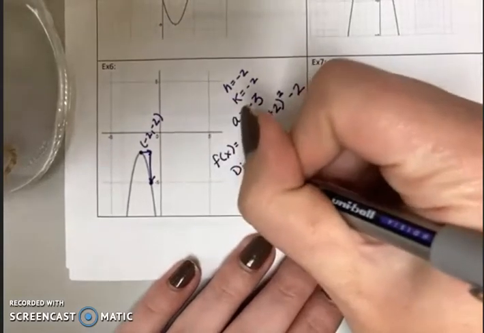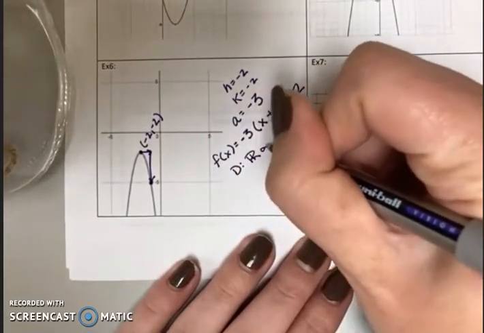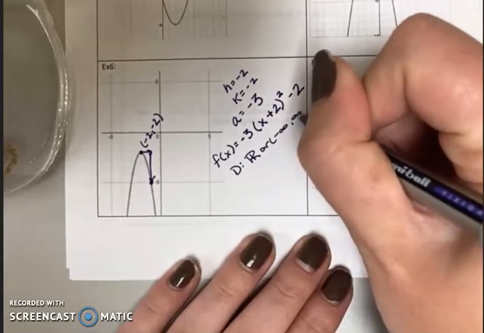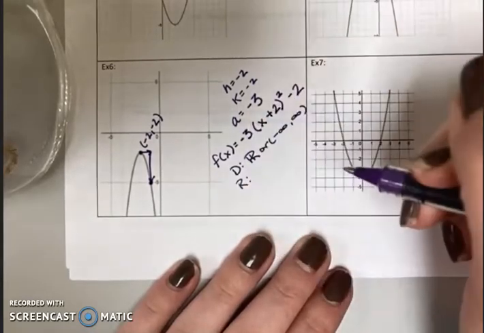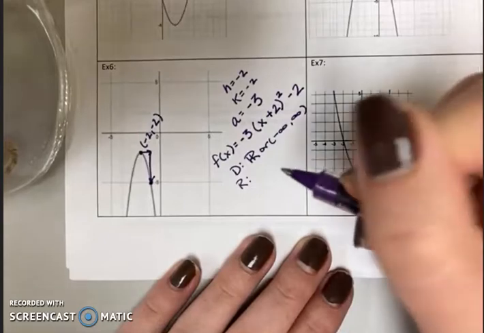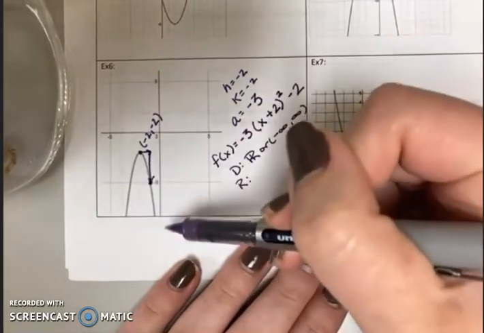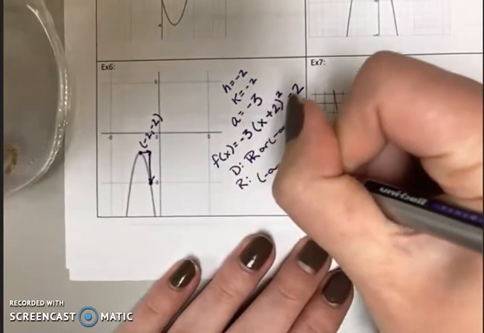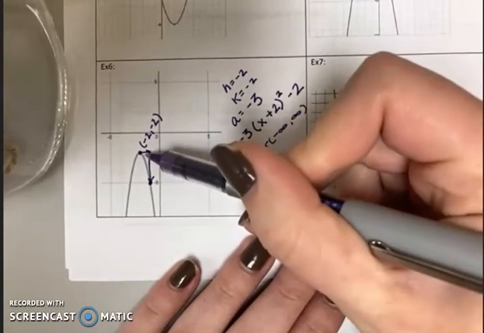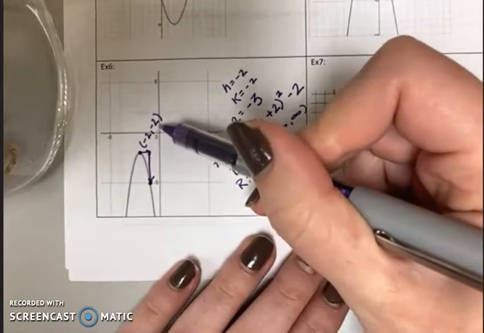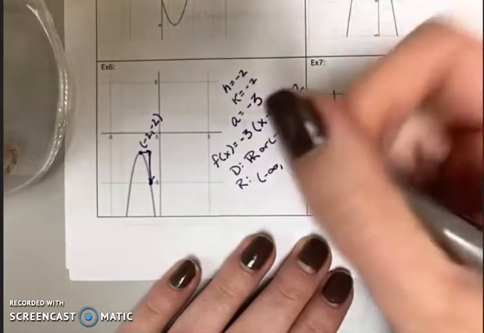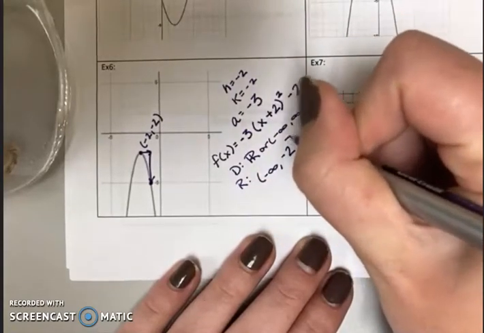The domain, since it's a parabola, is all real numbers, or you could have used interval notation. The range, remember, it needs to be down to up. As the function moves down, it approaches -infinity. The highest point, I have to look at the y value, would be -2 with a bracket.